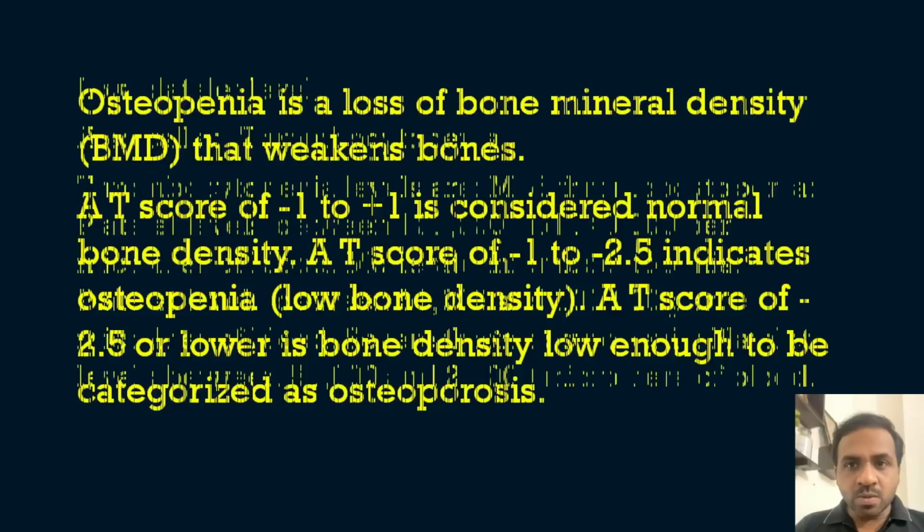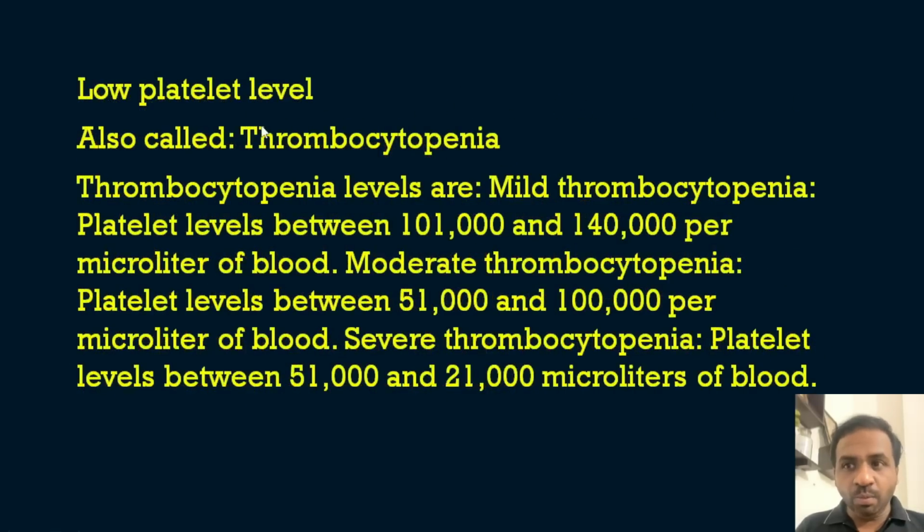Then the next one is thrombocytopenia, otherwise known as low platelet level. Mild thrombocytopenia means platelet levels between 1,00,000 and 1,40,000 per microliter of blood, and moderate thrombocytopenia means platelet levels between 51,000 and 1 lakh. Severe thrombocytopenia means platelet levels between 21,000 and 51,000 per microliter of blood.